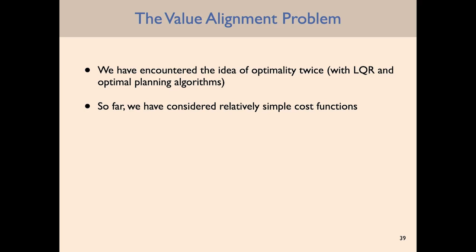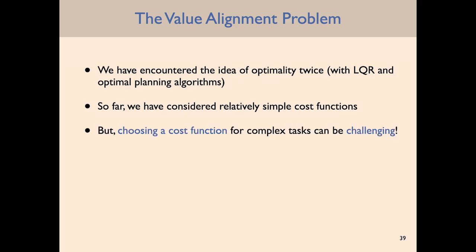With LQR, it was just quadratic penalties on the deviation in state and deviation in control input. With these planning algorithms, the cost could be time or distance or energy or something like that. But it turns out choosing a good cost function for a more challenging task is a pretty challenging problem by itself.